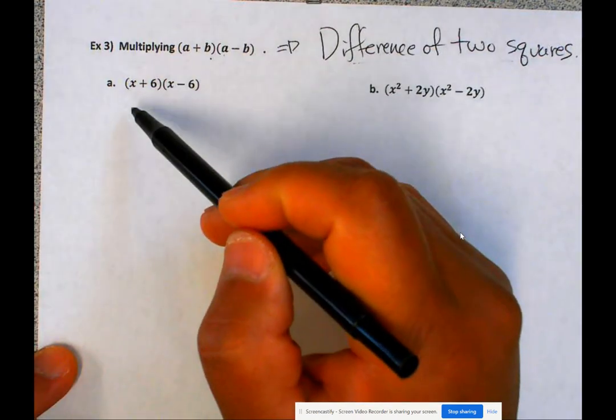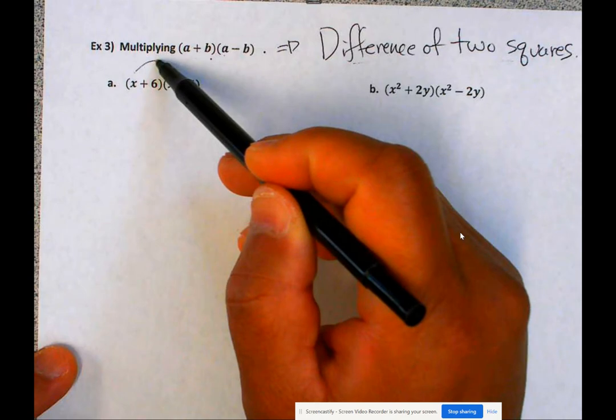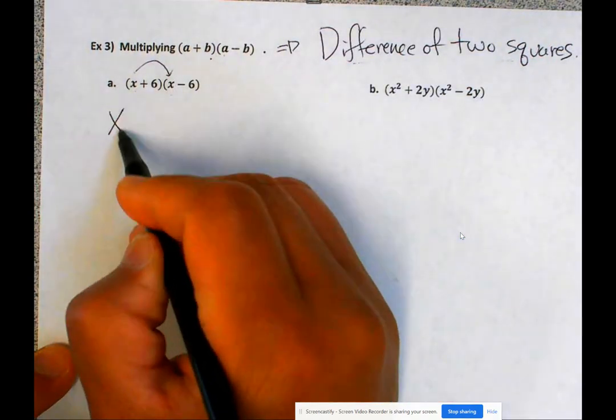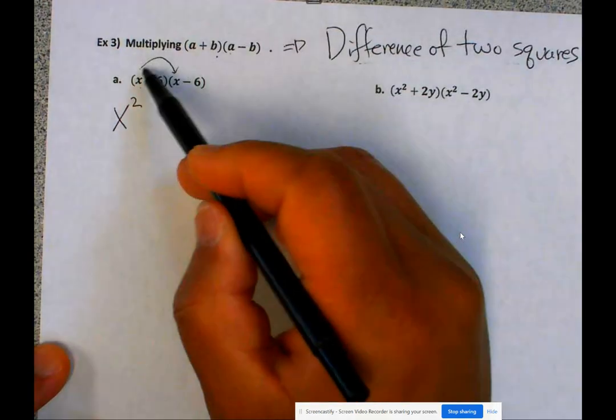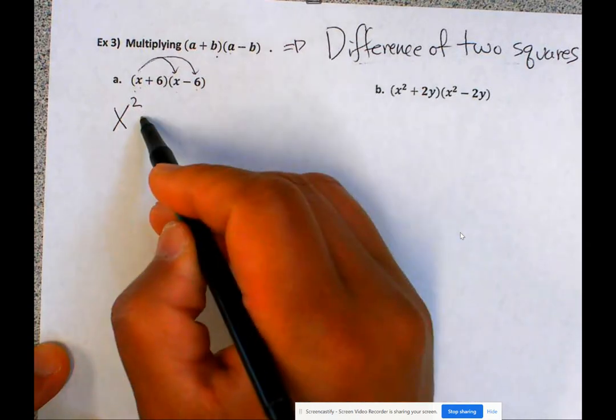Again, we're going to use the distributive property with arrows. So let's go to the first one. So x times x will give you x squared. Alright, let's go to the outer ones. X times -6 will give you negative 6x.